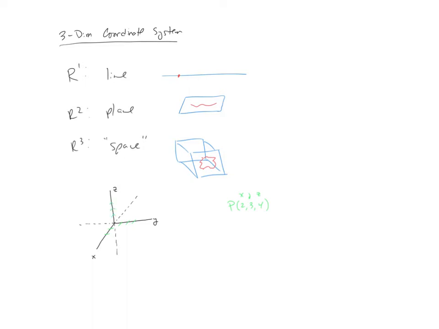2, 3, and 4. So I've moved out a distance of 2 on the X-axis, 3 on the Y-axis, and then I'm going to go up on the Z-axis. So let me sketch in here how this works. Since this is parallel with the y-axis, it's going to run out that way. Parallel to the x-axis, it's going to run out there to where they meet.